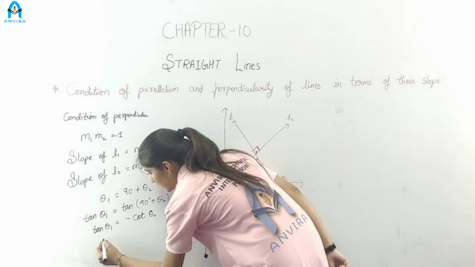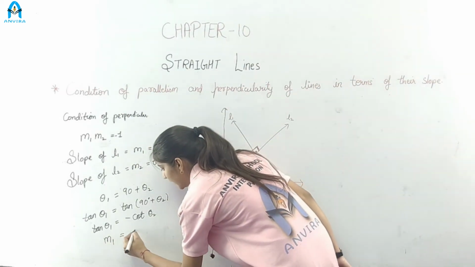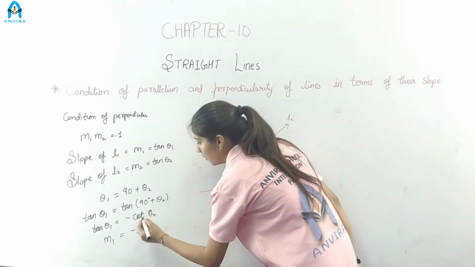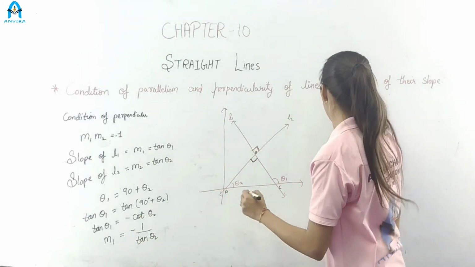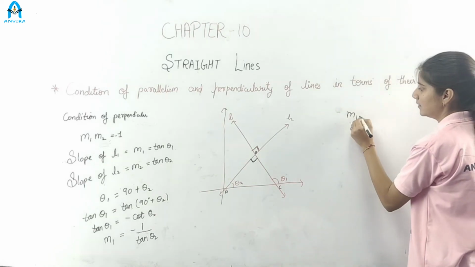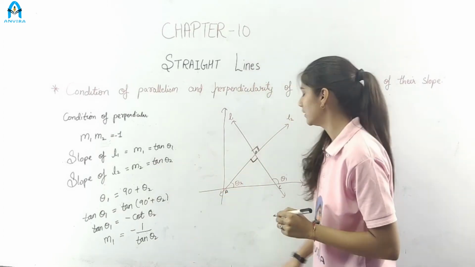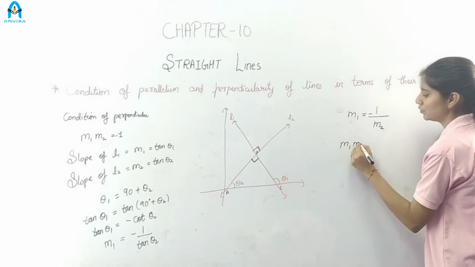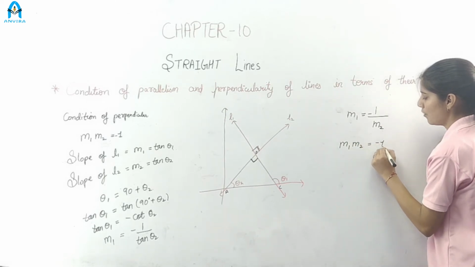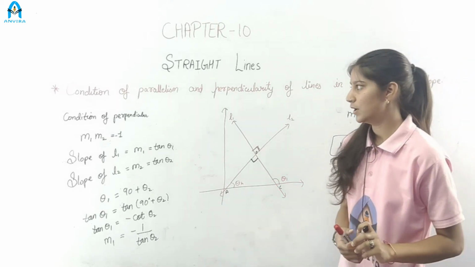So this gives us tan θ1, that is M1, as minus of 1 upon tan θ2. And we know that tan θ2 is M2. So M1 into M2 is equal to minus 1. This is the condition of perpendicularity.